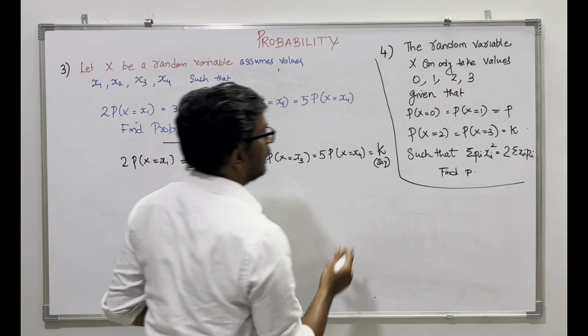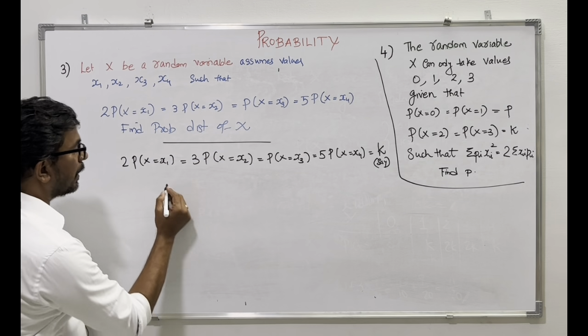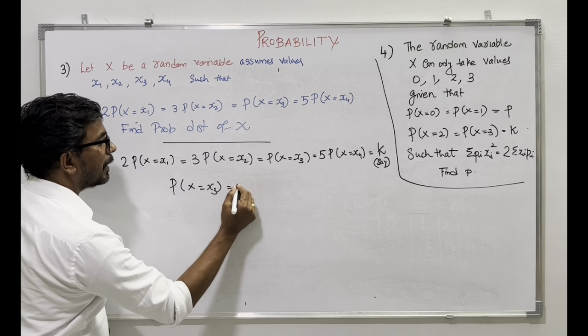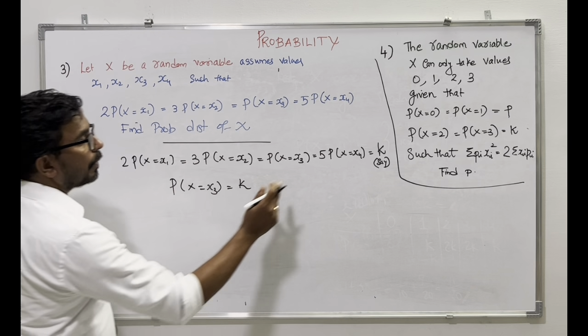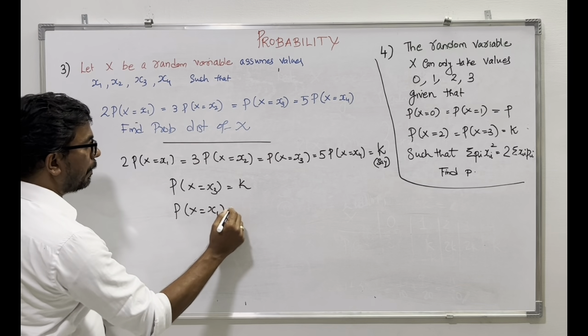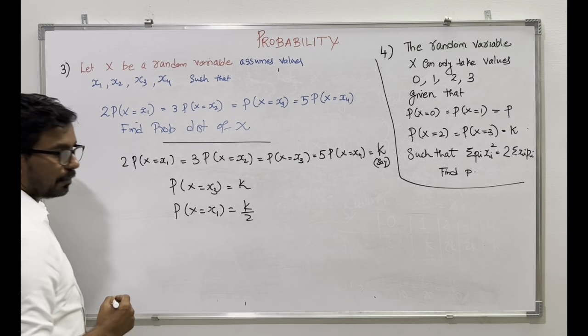This is the next question, we will discuss that later. From here, P of X equal to x3 is directly k. What about P of X equal to x1? 2 times that is k, therefore this will be k by 2.